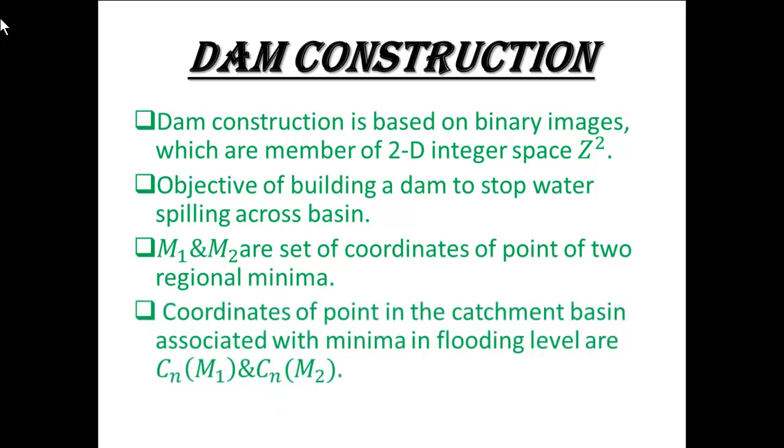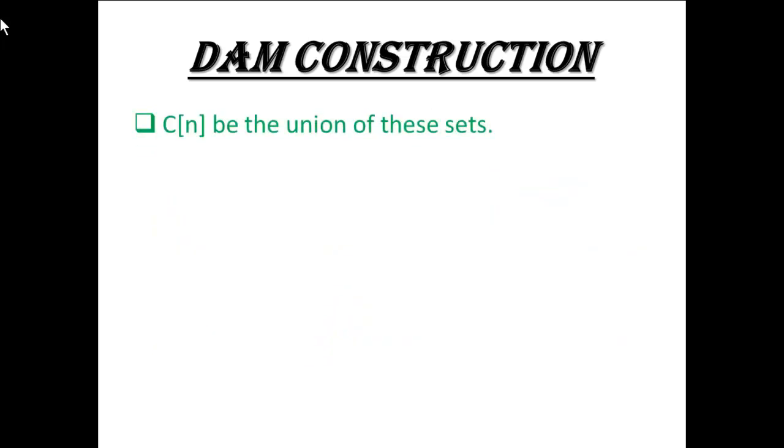Coordinates of points in the catchment basins associated with the minima at flooding level n are Cn(M1) and Cn(M2). Let C[n-1] be the union of these sets.